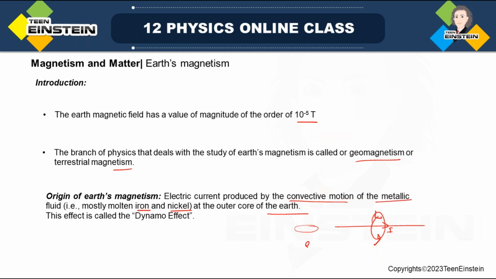So as electrons or charged particles move, they produce a current, right? That convective motion produces an electric current, and that electric current in turn produces magnetism. This effect is called the dynamo effect.